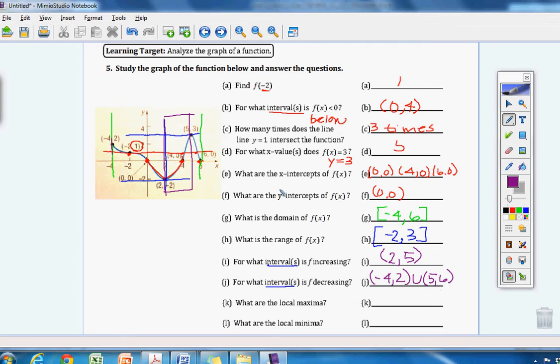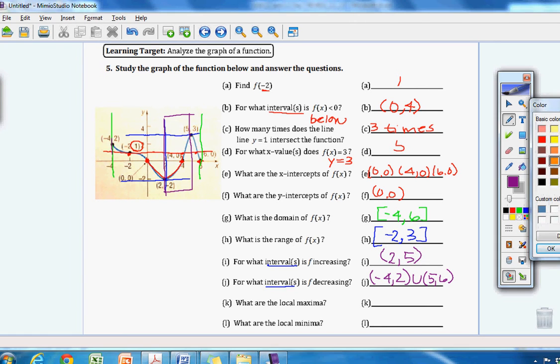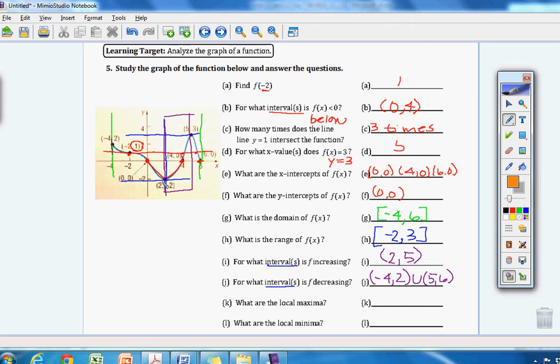And then we have local max and local min. Just make sure that you have the correct notation here. So local max here is a point. Okay, so a max point right here. And again, a maximum has to be increasing to decreasing. So that would not be a max point, just increasing to decreasing.